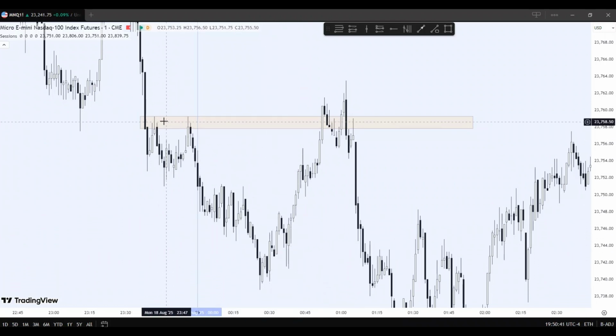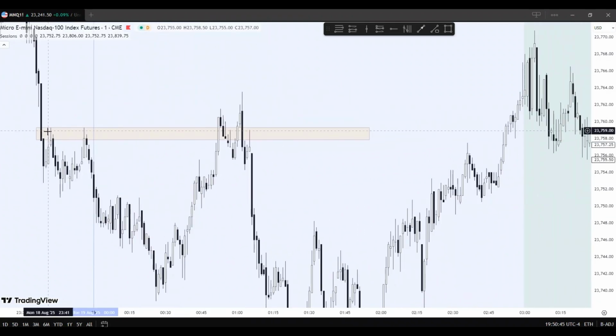breaking this zone right here, right? This was our area of interest right here, right? So notice how price is breaking, but it keeps closing below this zone.